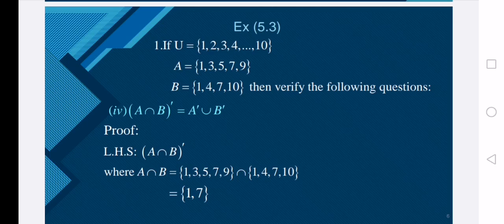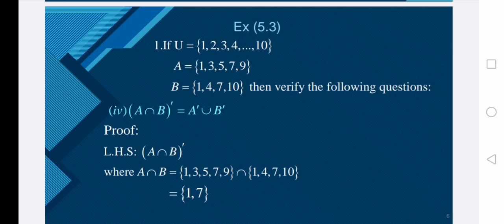First we are going to find A intersection B whole complement, since it is on the left hand side, but we would be able to find the complement only if we have A intersection B. So first we find A intersection B. A is the set including 1, 3, 5, 7 and 9 and B is including 1, 4, 7 and 10.